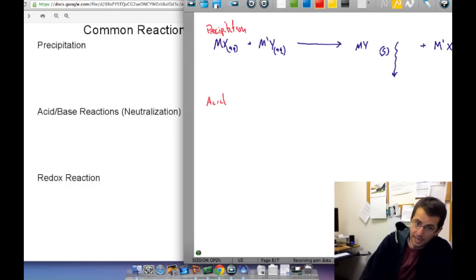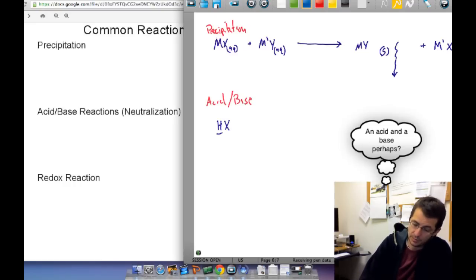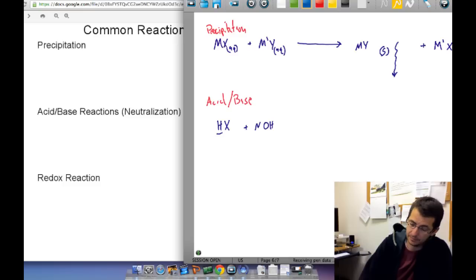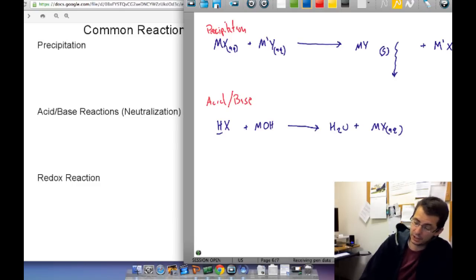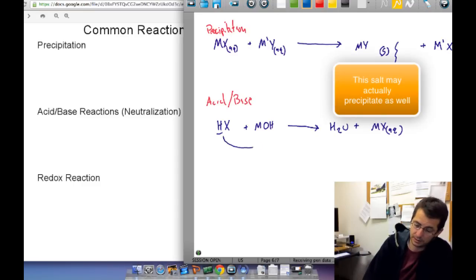The next style of reaction are acid and base reactions. Acid and base reactions involve something, typically with a proton, reacting with something else, not always, but typically with an OH minus, to form water, and usually some sort of salt. These are proton exchange reactions, where the proton migrates from one location to another.